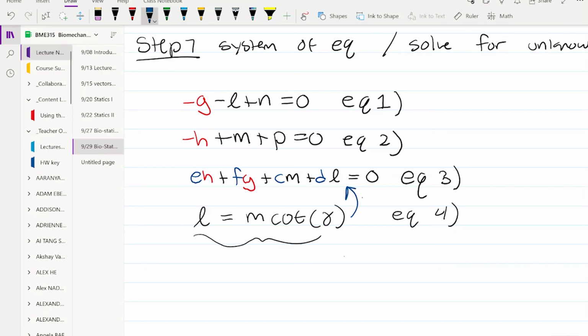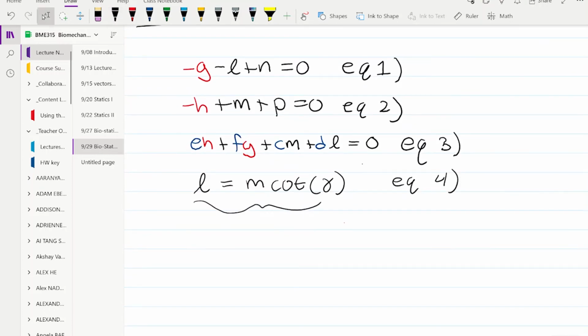Plugging it into this equation gives us the quickest way to get one of these other variables solved. But to do that first, I want to simplify this whole thing.